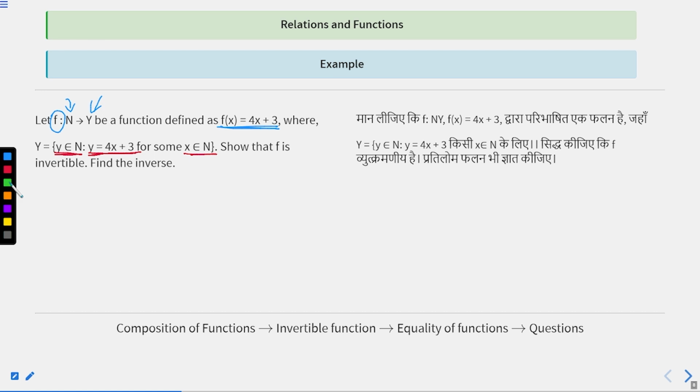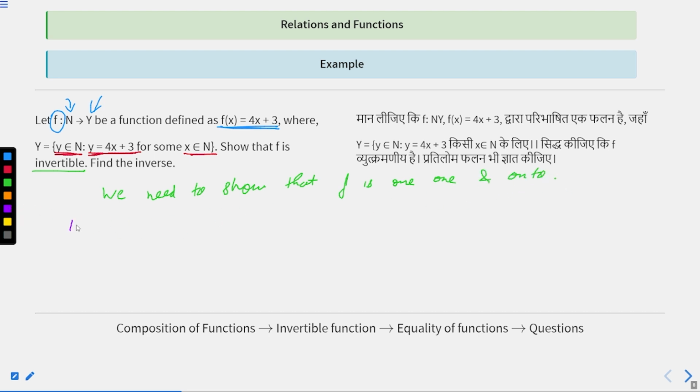In order to show that f is invertible, we need to show that f is one-one and onto.